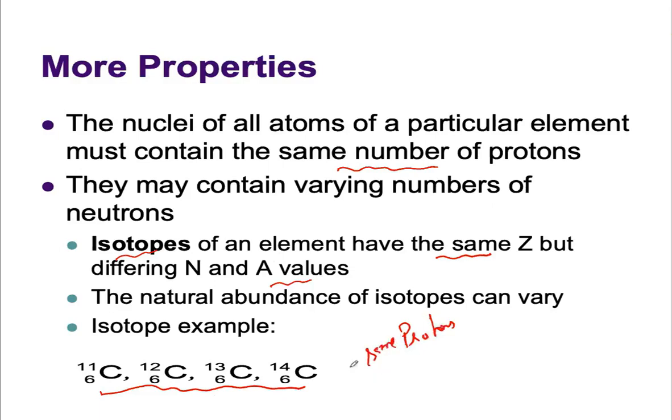but different numbers of neutrons, and with the help of this binding energy, we can also tell from these four isotopes which one is the most stable isotope. That we will also discuss in the liquid drop model.